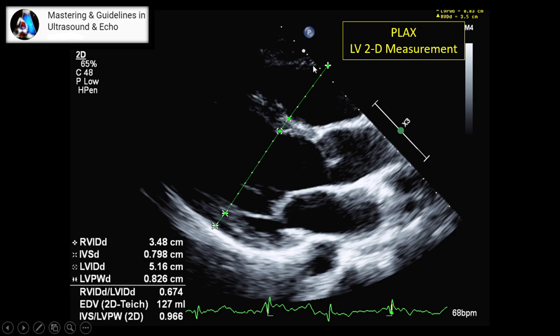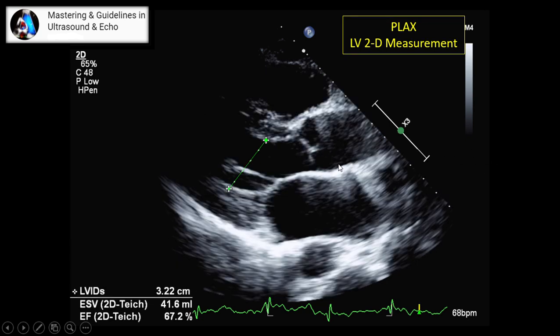So the best and correct way of measuring RVOT diameter is from here to here. And this one is not correct, a little overestimating. But since our dimension measurement is on one line, if we cannot get exactly the same line, make sure your measurement is almost equal to this distance.